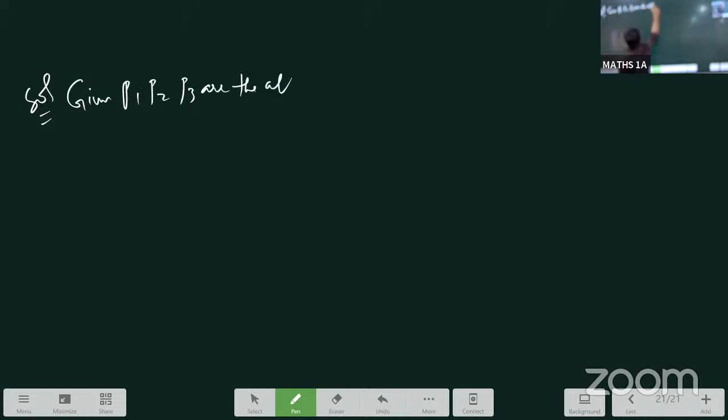See the solution. What is given is P1, P2, P3 are the altitudes of triangle ABC.